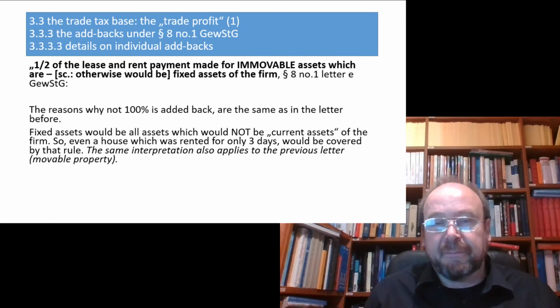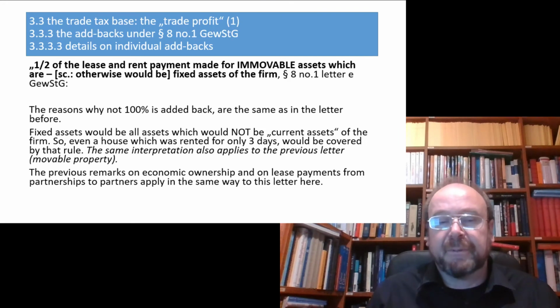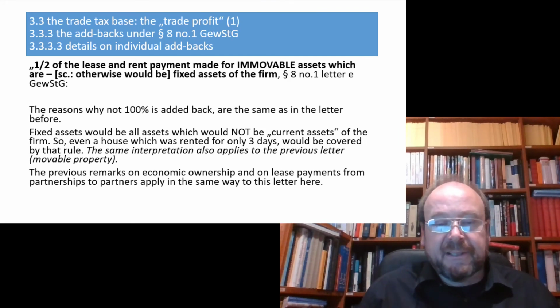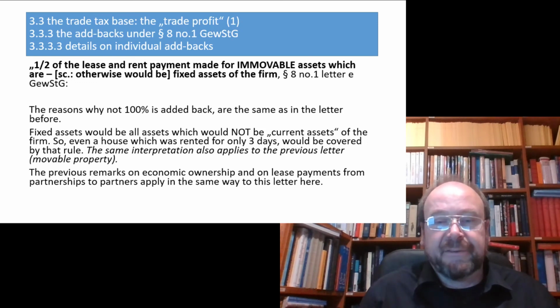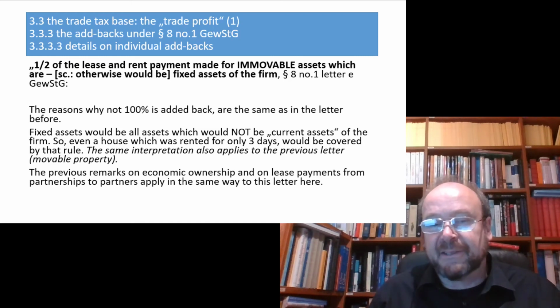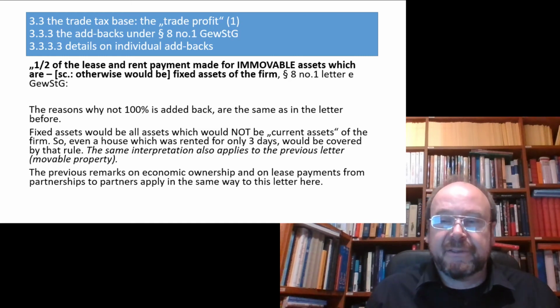The same problematic interpretation is also applied to the previous letter with the movable. And naturally, the previous remarks on that economic ownership exclude leasing, and that lease payments from partnerships to partners are impossible, apply here too. Good.